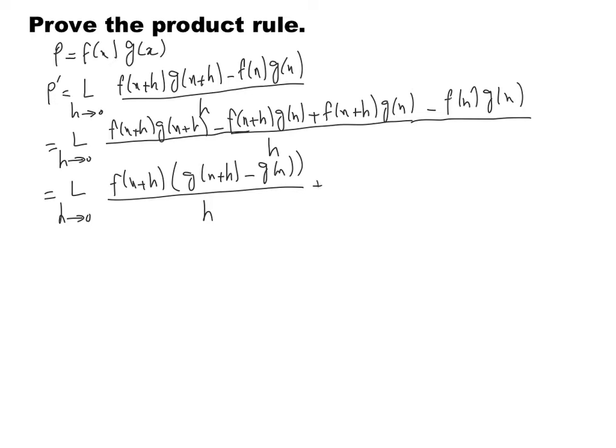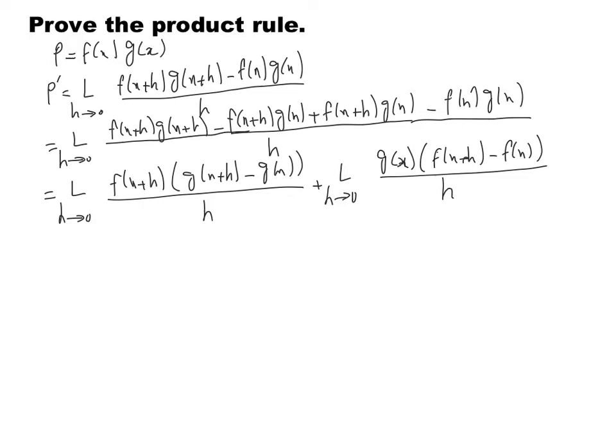And the next one I'm going to write as the limit of h goes to 0 of, you can see that g of x is common, so I'm going to get g of x out, and then f of x plus h minus f of x divided by h.